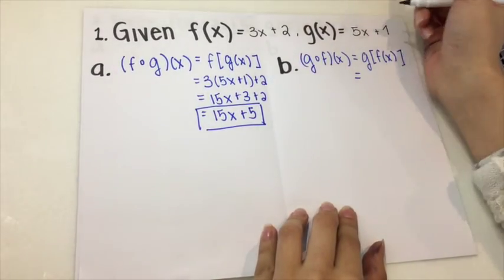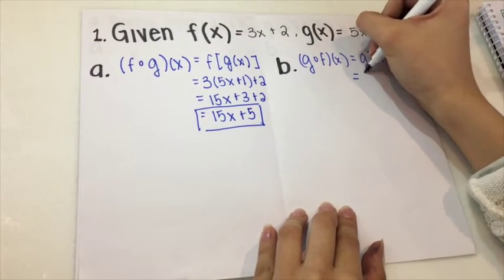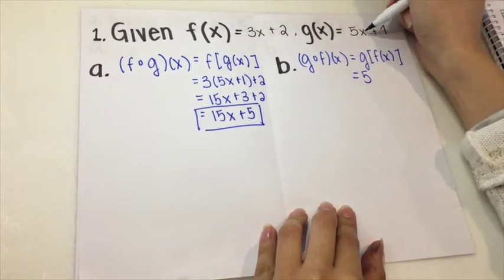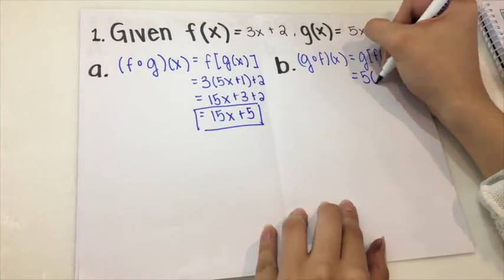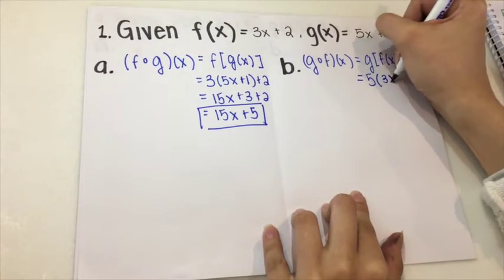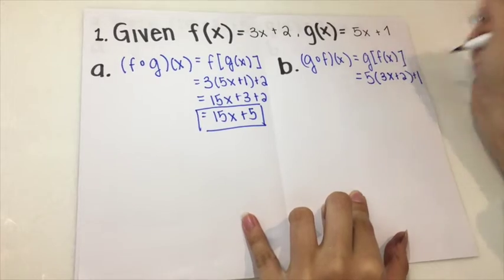For example, g of x is 5x plus 1. So, we'll write it as 5, but instead of x, we'll replace it with the values of f of x. So, multiply it by 3x plus 2, and then plus 1.